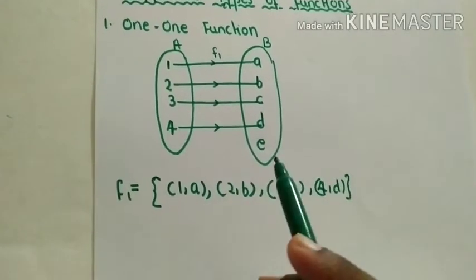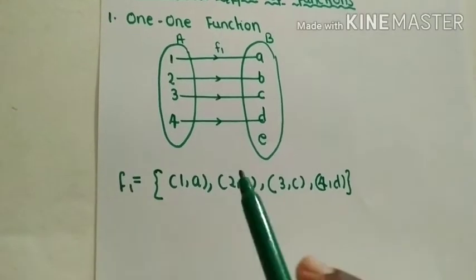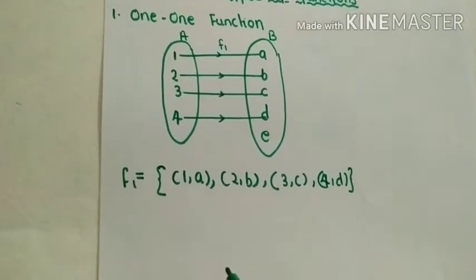We can also say that no two ordered pairs have the same second coordinate.